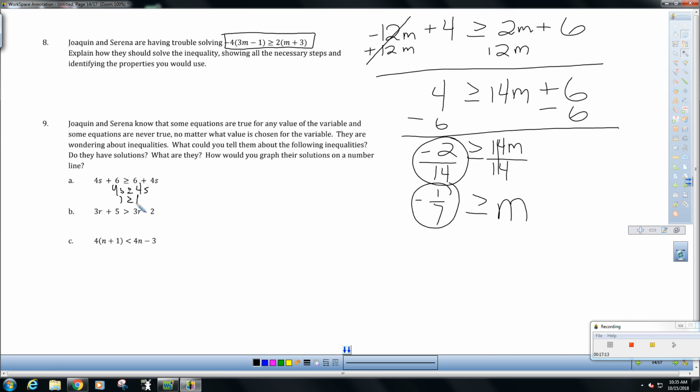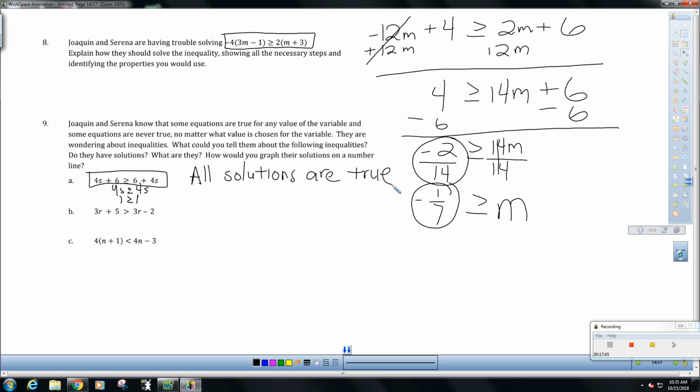Well, 1 is equal to 1, and 4s plus 6 is equal to 4s plus 6. It's not greater than, but it is equal to. So I think this is true for all solutions, weirdly enough. I don't love this part of math, so don't worry about this too much. No matter what we put in for s, it's going to be greater than or equal to the other side. It's going to be equal to it.